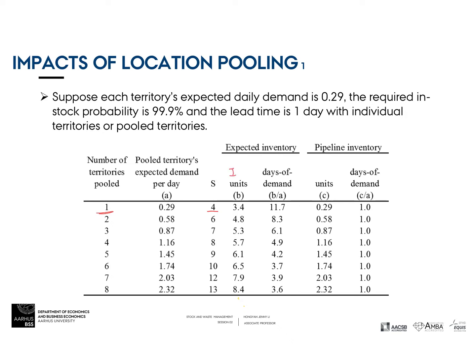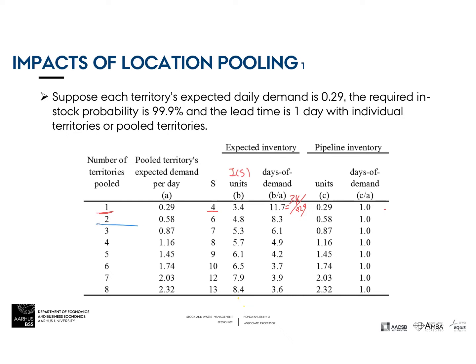This can be read from your Poisson inventory function table, and the days of demand is 3.4 divided by 0.29, and the pipeline inventory is always one day of inventory. Then we think about what if you merge two territories together.